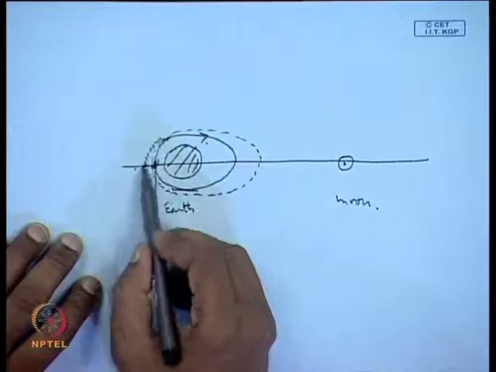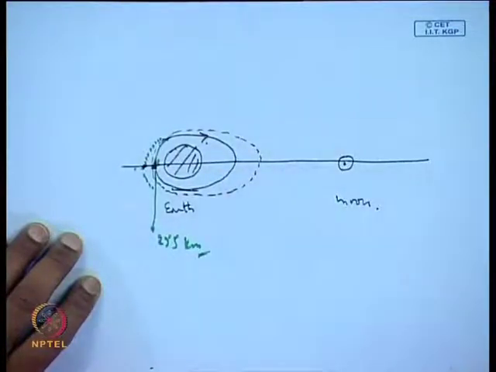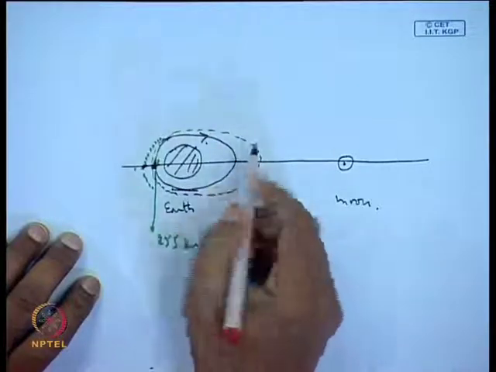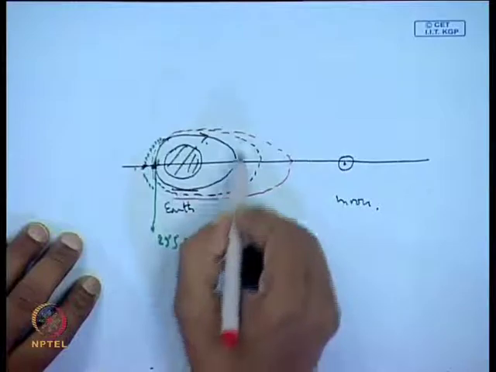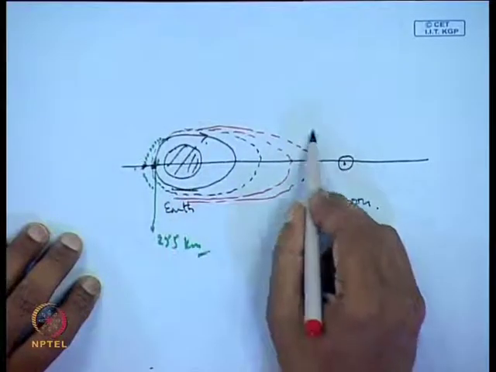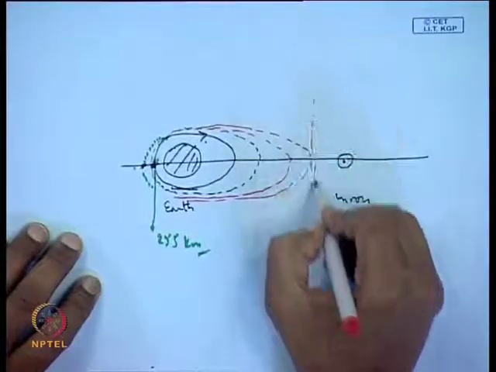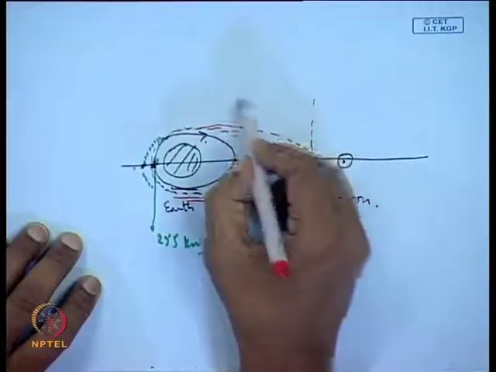Once the perigee is raised, you keep on raising the apogee also. The apogee can be brought from here to this place. It kept being raised until it reached a boundary. This is called the sphere of influence.